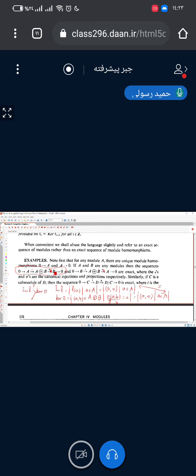And since for each element of B, b maps to 0, the kernel of this one equals B. So the image of P and this B equals the kernel of 0. And similarly for the second.